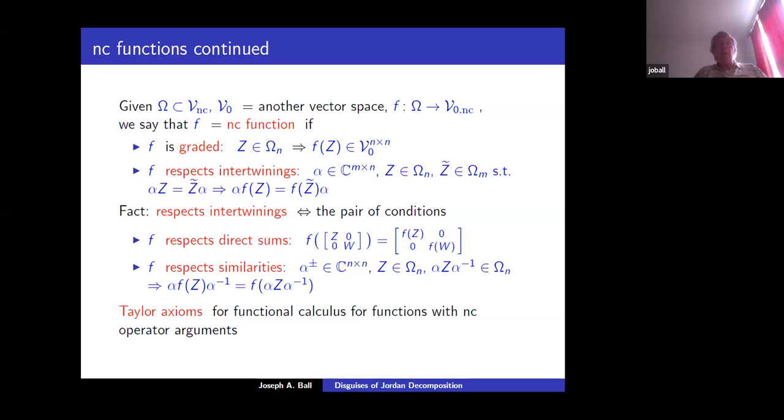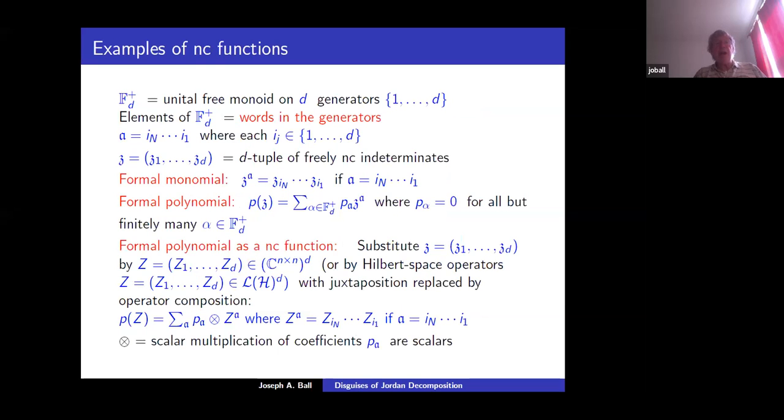So to give examples, let's introduce the notation F_d^+ for the unit of the free monoid on d generators. And then the elements of F_d^+ are words in the generators. So an element is a juxtaposition of letters, a equals i_n up to i_1. Each i_j is one of the letters.